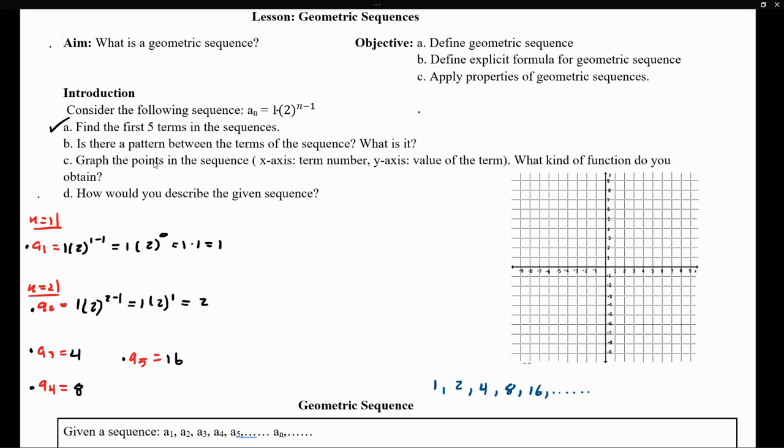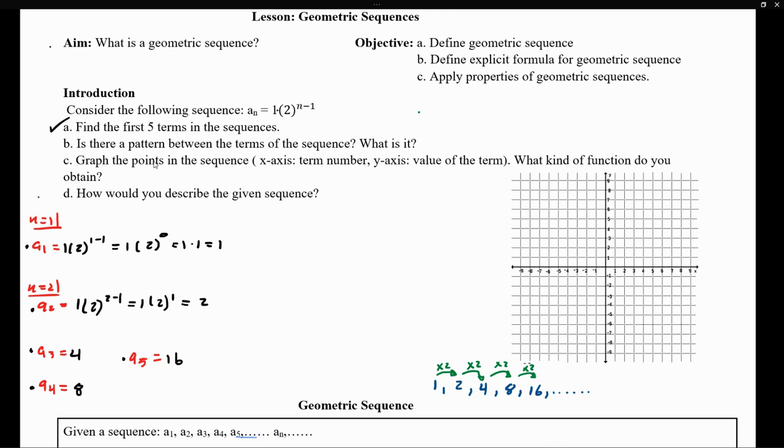Notice that there's a simple pattern here, because if we multiply the previous term times 2, we get the next one. 1 times 2 is 2. If we multiply that times 2, that's 4. And 4 times 2 is 8. And 8 times 2 is 16.